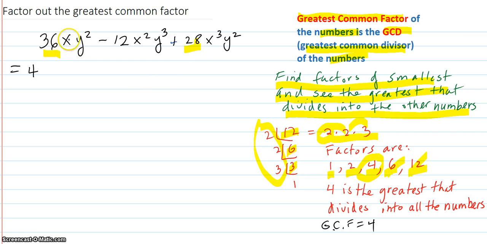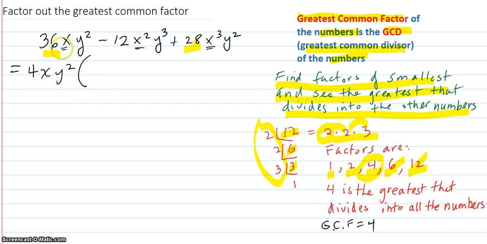The highest power of x that fits into all three of these, here, here, and here, is just x to the first. Then the highest power of the y's that fits into all three is y squared. And then you put a parentheses, and then you put what's left over when you divide those out.